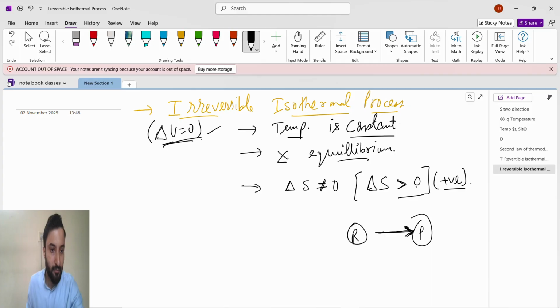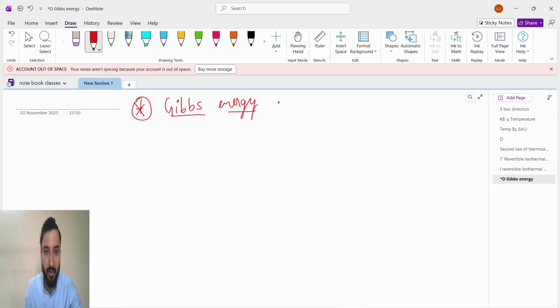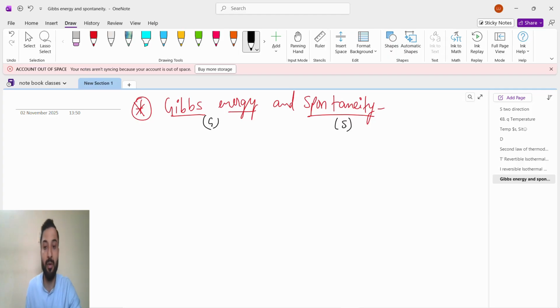Yes sir. Now next we will see is about Gibbs energy. Next heading we will write is Gibbs energy and spontaneity. Okay, sometimes in the examination they will ask also in the 1 marks. Write the relationship between Gibbs energy and spontaneity.